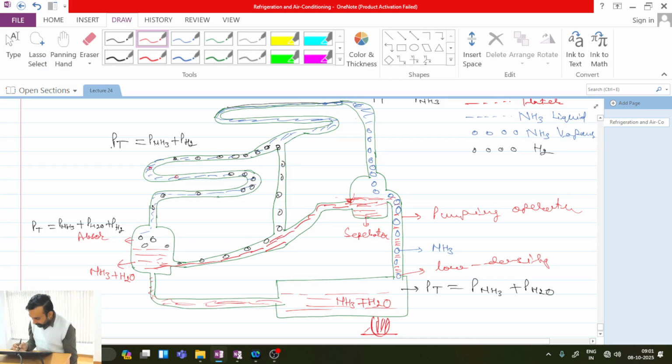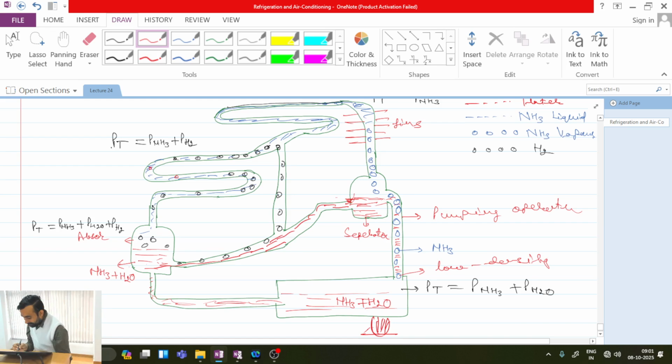Now in this upper vertical portion, what will I do? I will use some fins. If I use fins, what will happen? It will transfer heat to the surroundings.